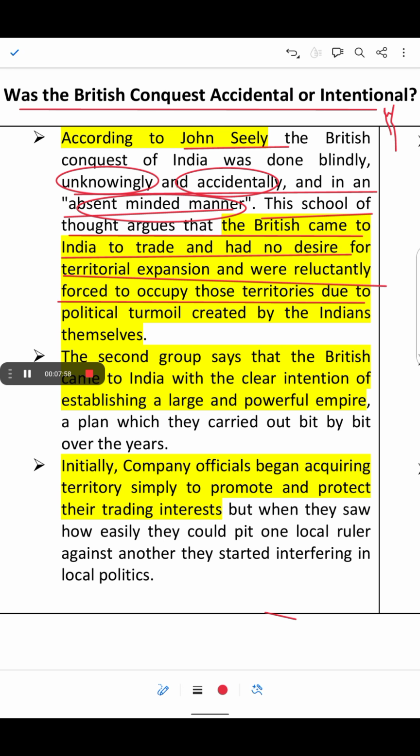So according to John Seeley, they had to occupy the Indian territories because of the political turmoil created by the Indians themselves.